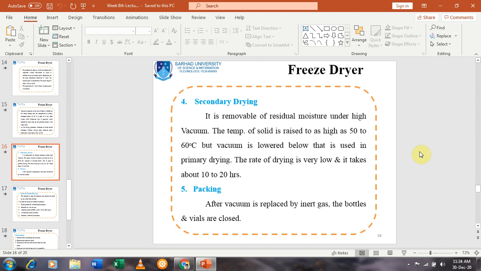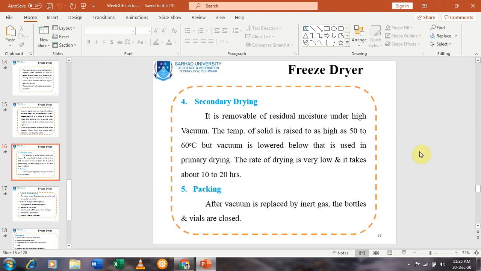But remember that the temperature of the solid is raised to 50 to 60 degrees centigrade, while the vacuum is lowered below that used in the primary drying phase, and the rate of drying is very low, and the time taken here is 10 to 20 hours.